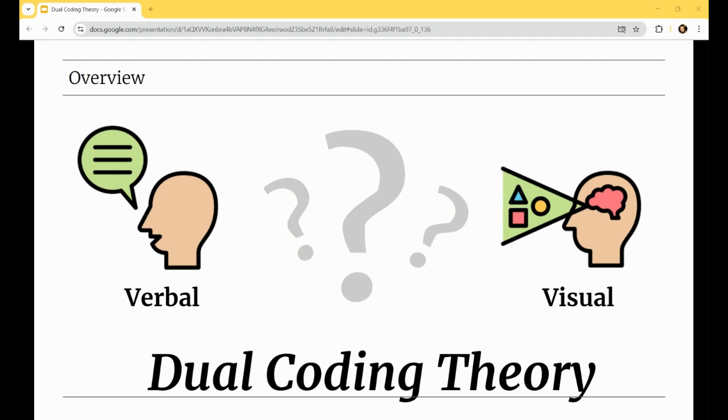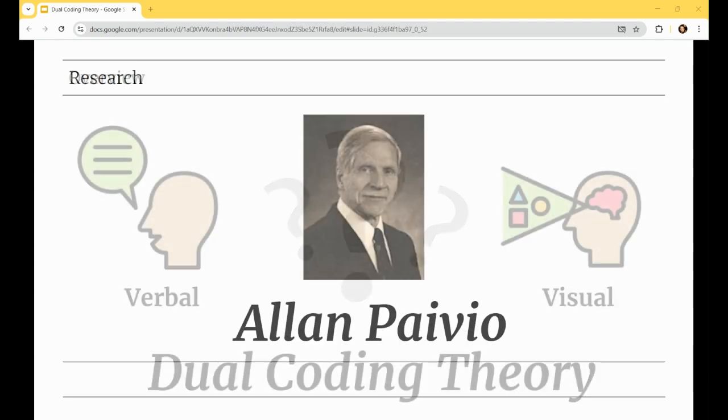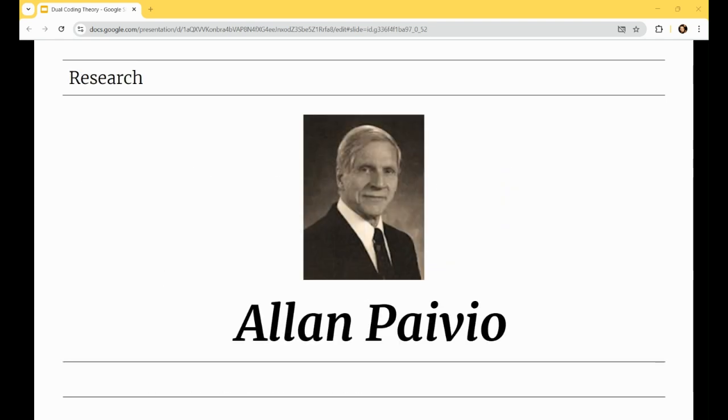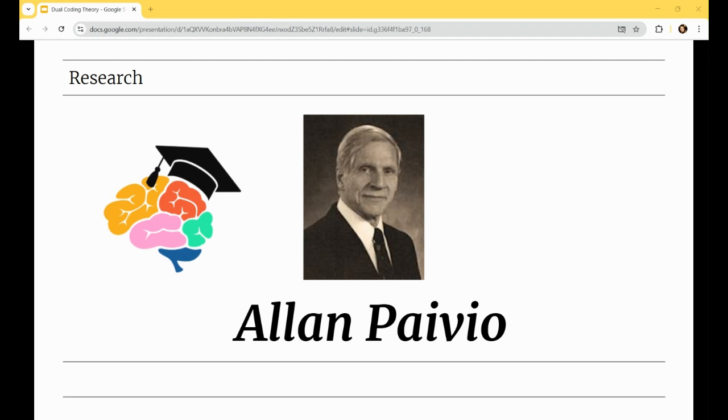So now that we have a general understanding of what the dual coding theory is, let's take a step back to reflect on how it came to be. The primary researcher who developed the dual coding theory is named Allan Paivio. Allan Paivio earned his PhD in psychology and worked for over 40 years researching the interconnectedness of images, memory, language, and understanding.